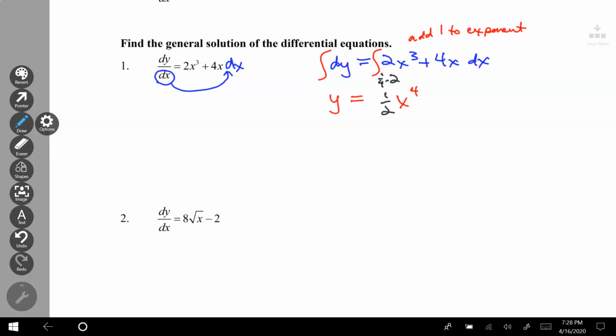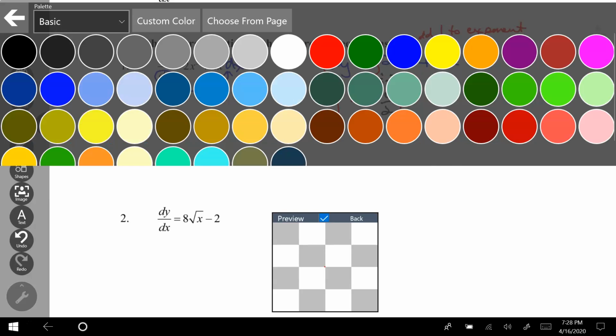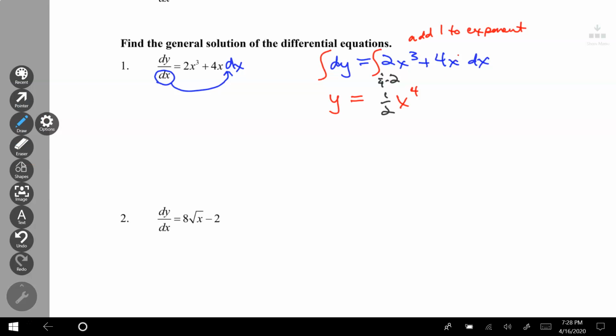And then I'm going to keep on going on. This would be x to the first becomes x squared. Reciprocal of 2 is 1/2, so I do 4 times 1/2. I get plus 2x squared plus c, and I'll write it neater. y equals 1/2 x to the 4th plus 2x squared plus c.